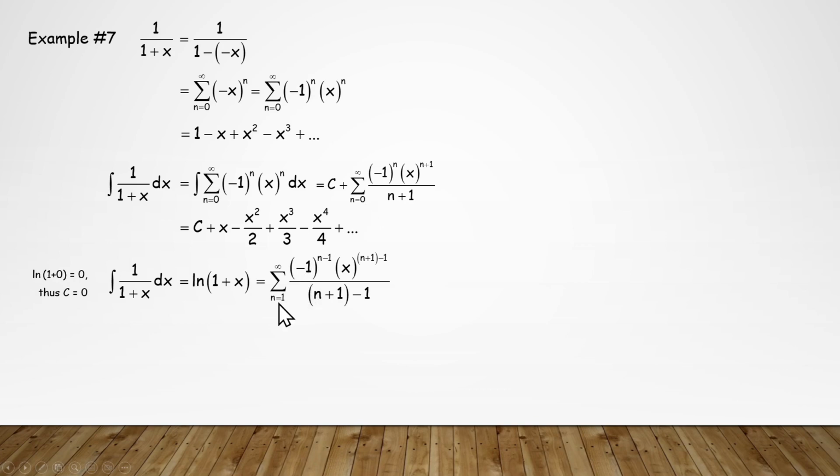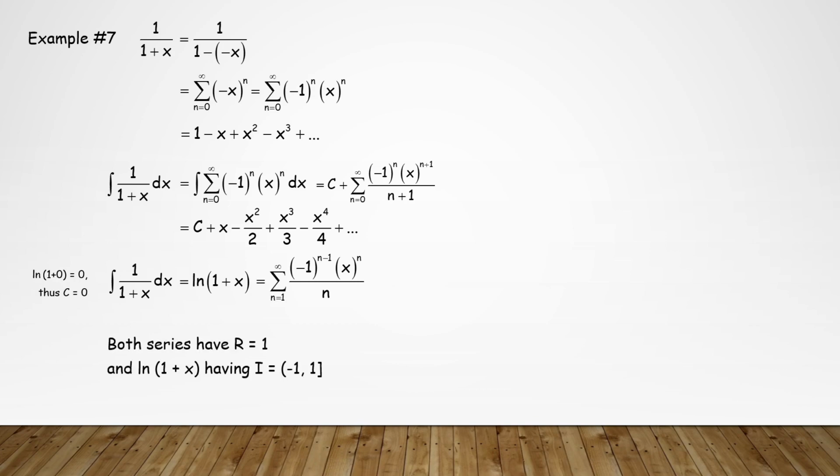And because of that, I can now write it a little simpler. I can say instead that ln of the quantity 1 plus x is actually the summation of negative 1 to the n minus 1. Okay, so that may be just a teeny bit tougher, but it's so much easier to then do x to the n all over n. And now just have it go from n equals 1 to infinity.